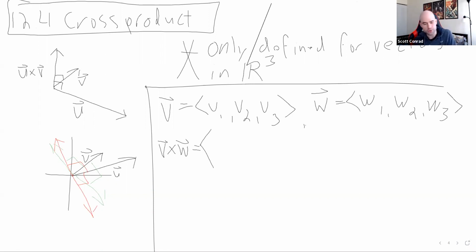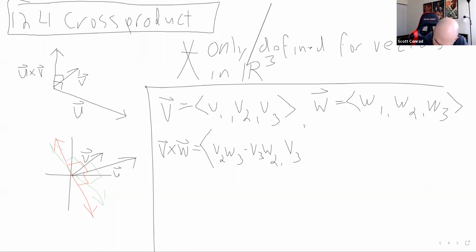Then the cross product of the two, v cross w, is going to be, kind of a mouthful, v2w3 minus v3w2. Sorry, I already screwed it up, that should be twos, not ones. Don't worry, you're not going to memorize it like this.